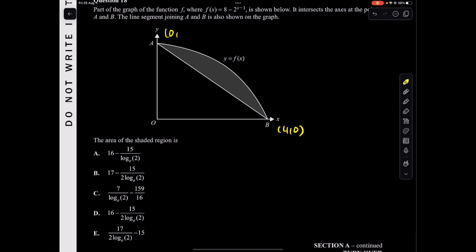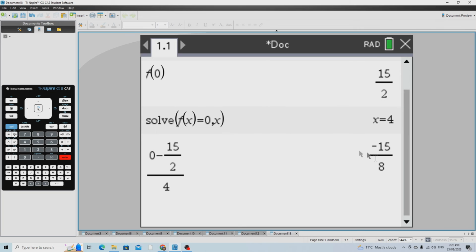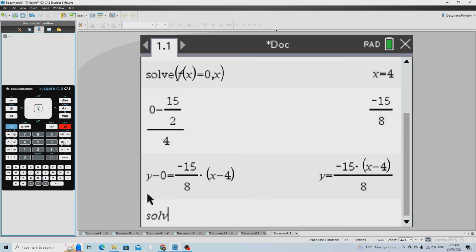It's 0, 15 on 2, so it'll be 0 minus 15 over 2, over 4 minus 0. Okay, so we get this. This is your gradient. Now, we can say that y minus 0 equals your gradient times x minus 4. And okay, so we have this equation, which is good.